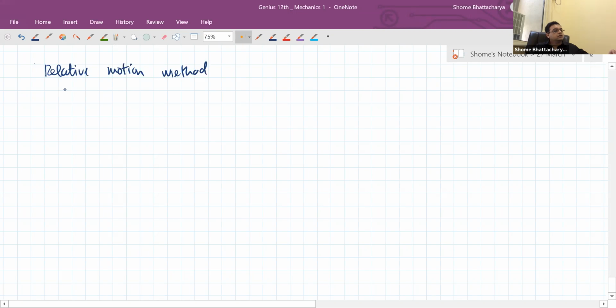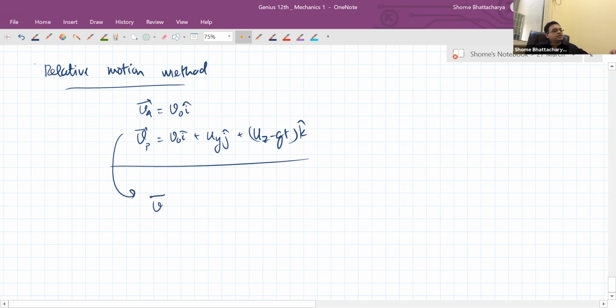Okay. Once you realize that E's velocity is v naught i cap, and the projectile's velocity as a function of time is v naught i cap plus some uy j cap plus uz minus gt k cap. If you look at the velocity of the projectile with respect to A, you can see it is uy j cap plus uz minus gt k cap.